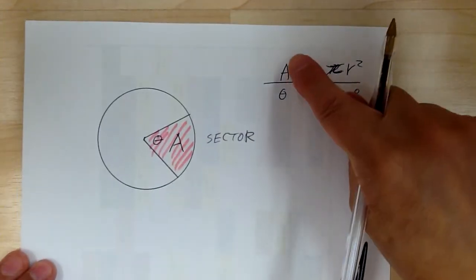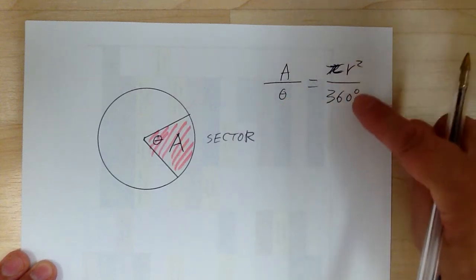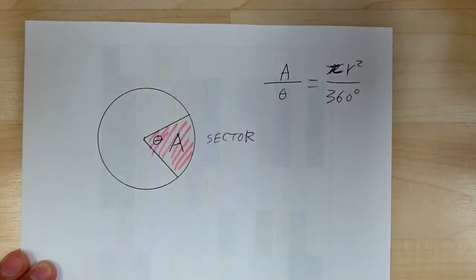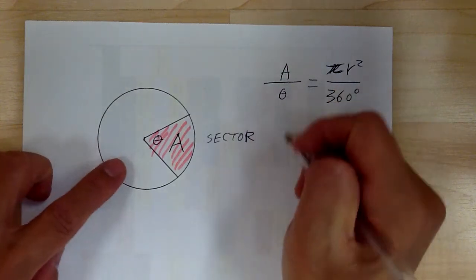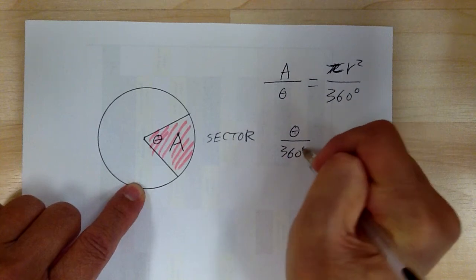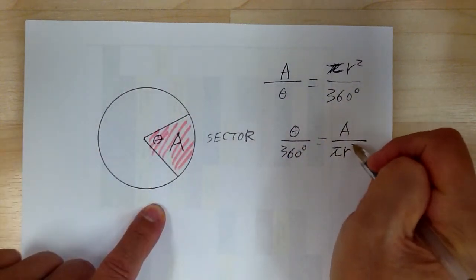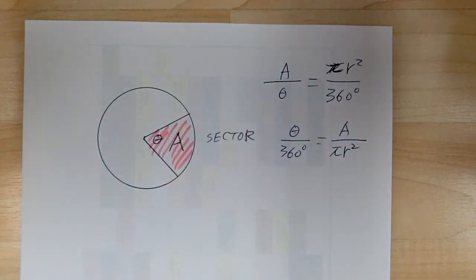Everybody see that? Partial area over partial angle equals the whole area over the whole angle. Or you can match it up: the partial angle over the whole angle equals the partial area over the whole area. So it's just like what we had before.